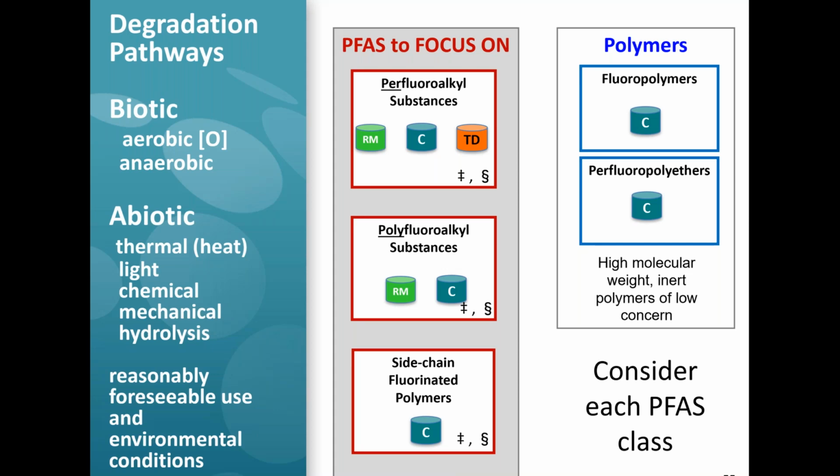So what I'm going to do is come back to the framework and the picture that we formulated earlier in our discussion today, and look at the 5 different classes of PFAS as we consider degradation pathways in these dimensions. The biotic dimensions, both aerobic and anaerobic, and abiotic mechanisms: thermal or heat-related, light, chemical, mechanical, hydrolysis. But I will put an important bounding thought around this. It's really important as we think about degradation pathways that we put them in the proper context.